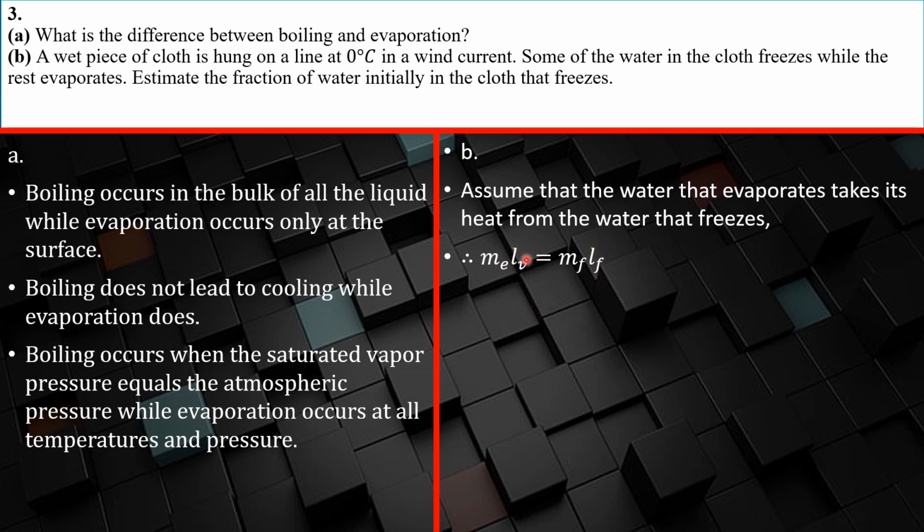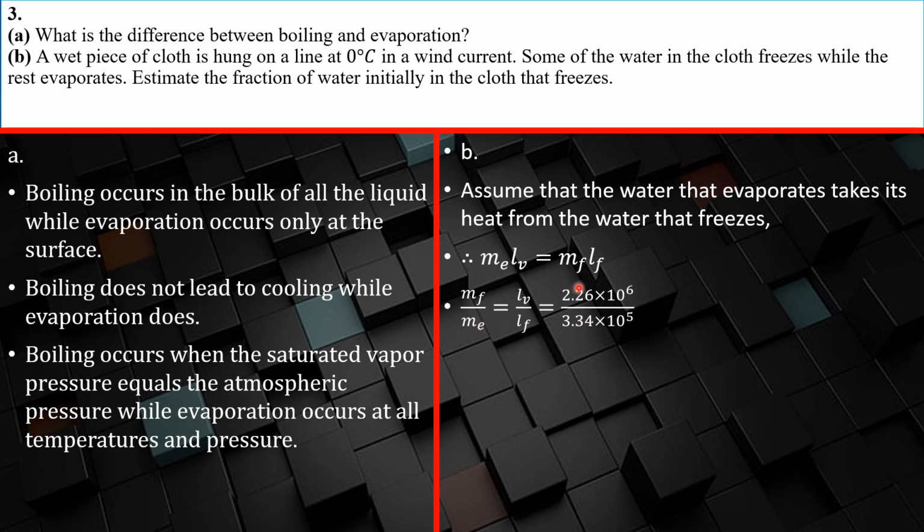So what is the heat that is absorbed by the part that's evaporating? It is basically the mass of the portion of water that is evaporating, ME, multiplied by the specific latent heat of vaporization. Then the heat that is given off by the part that was freezing is basically the mass of the frozen part, MF, multiplied by the latent heat of fusion of ice.